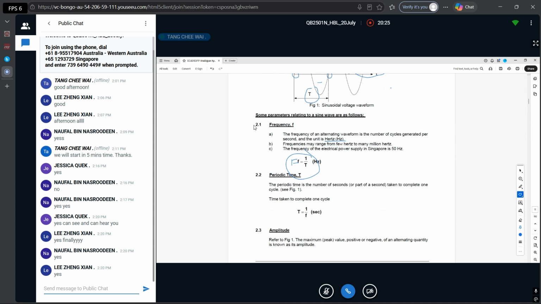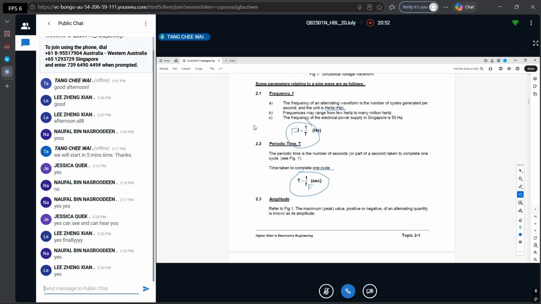Similarly, if you want to find T, you just do the opposite. Instead of 1 over T, it is 1 over F, and then you find the time for one cycle, the time to complete one cycle.